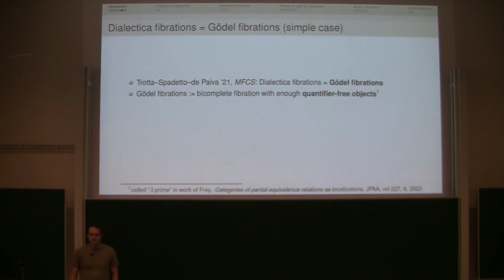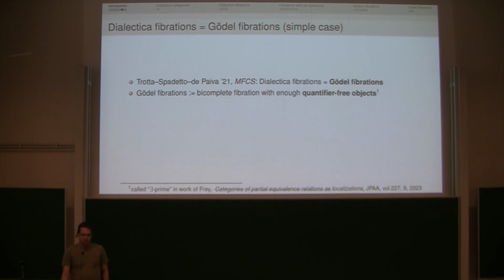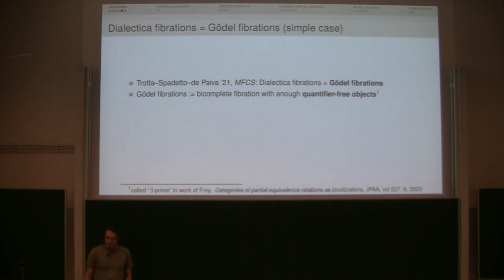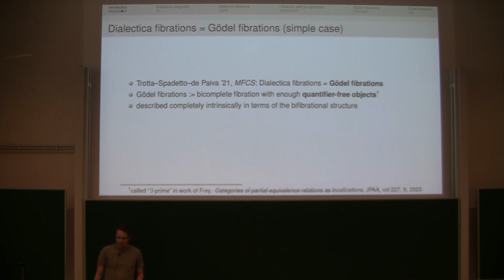So Gödel fibrations are some kind of bicomplete fibration with enough quantifier-free objects, and a priori it's not so clear that these notions coincide, and it's non-trivial to show that, and that was one of the major achievements of their work.